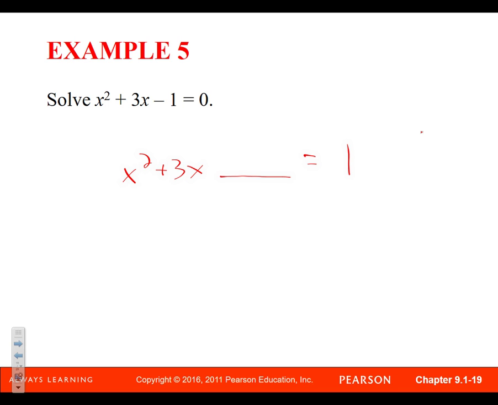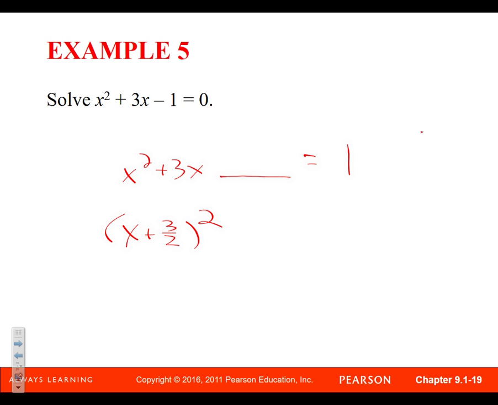I want to write it as a perfect square. X goes there, and then I'm going to put in the other position half of that 3. I'm going to write it the lazy way, half of 3. Or more like the smart way. Touche. I'm going to write it the smart way.